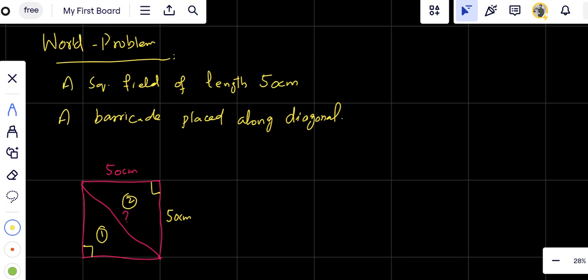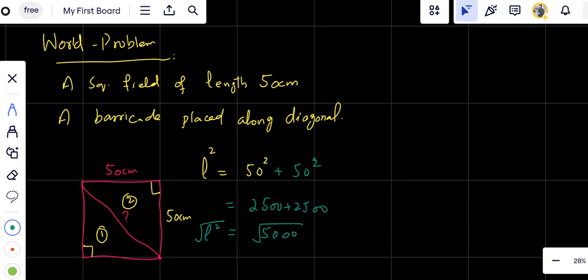Let's say this length is L, so L squared will be 50 squared plus 50 squared, and 50 squared is 2500. Please verify it. 2500 plus 2500 is 5000, so L squared is 5000.